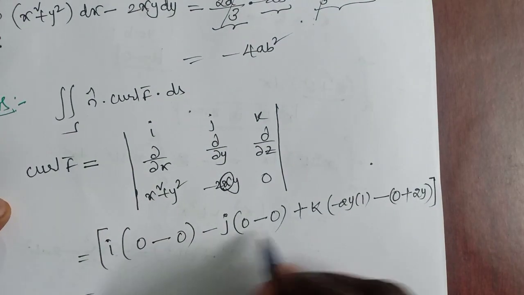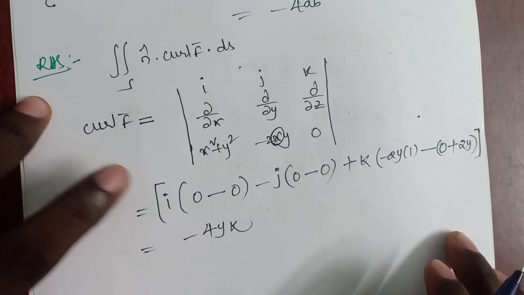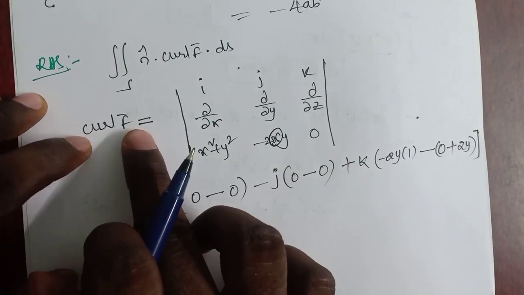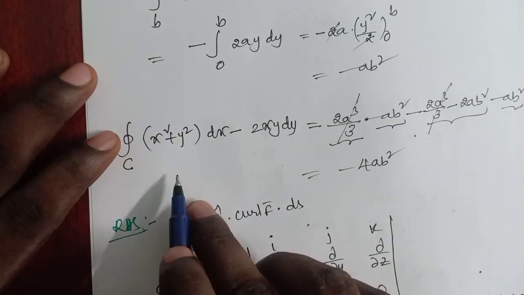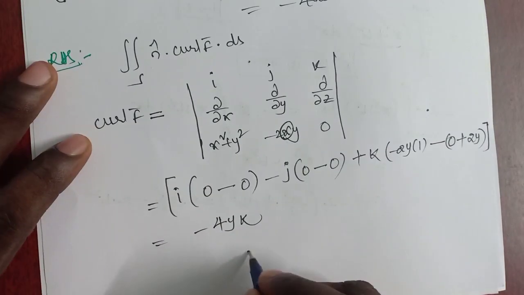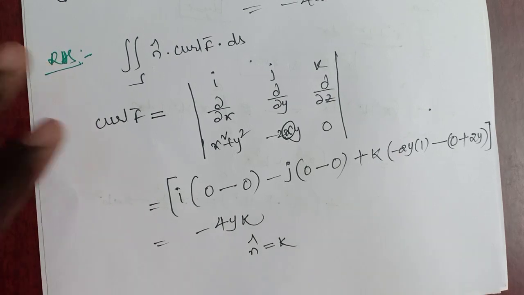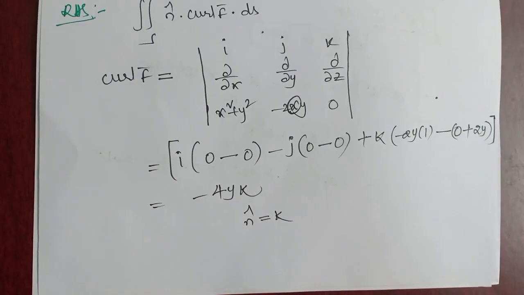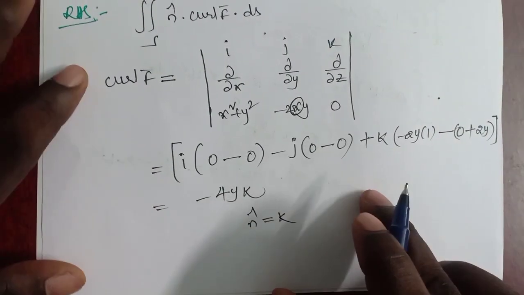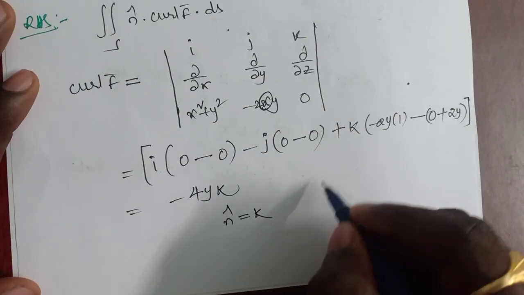So it is 0, minus 2y, minus 4y k. This is the final value of curl f bar. Then, since the given problem is in terms of x and y, it is in the xy plane.